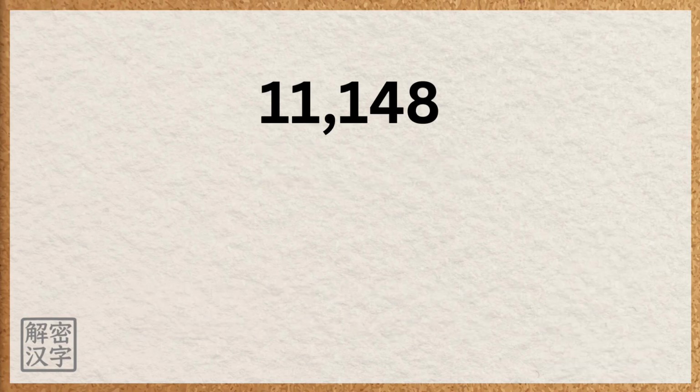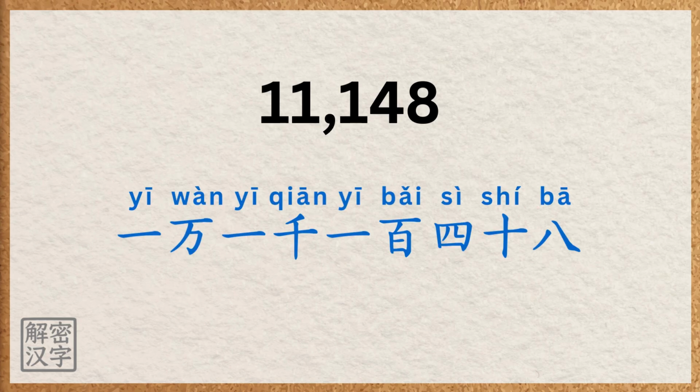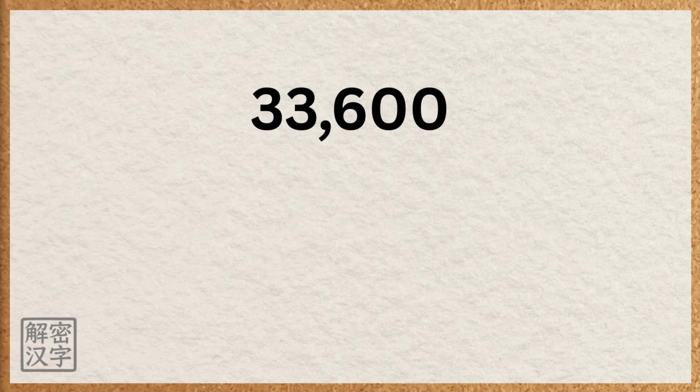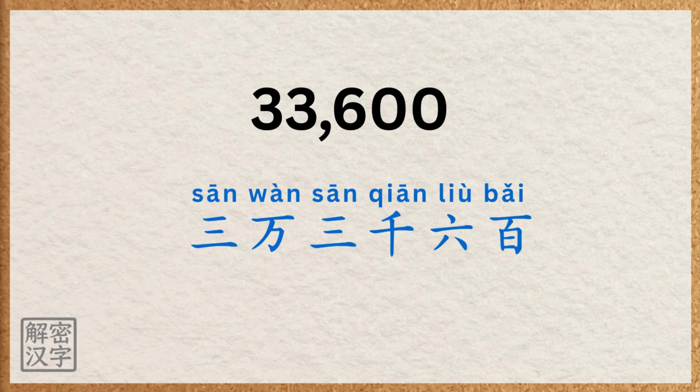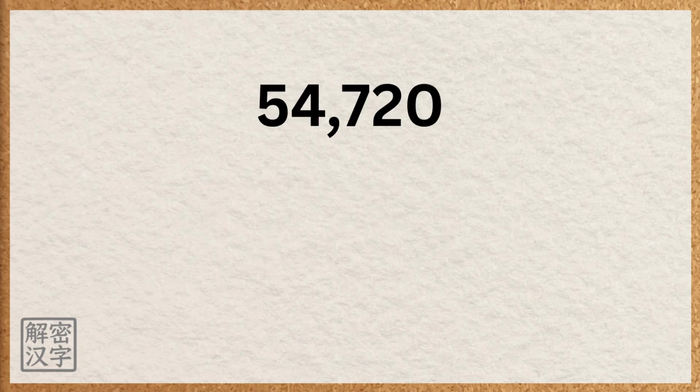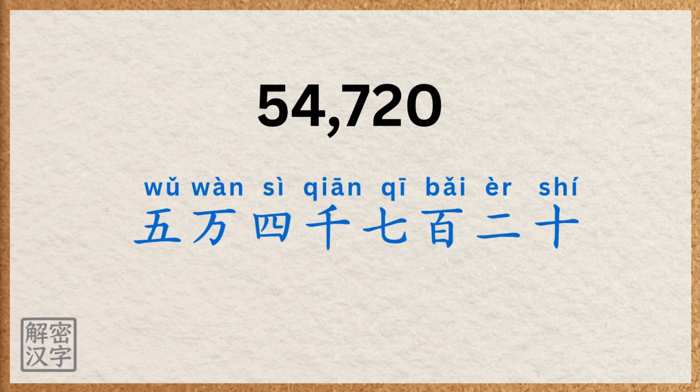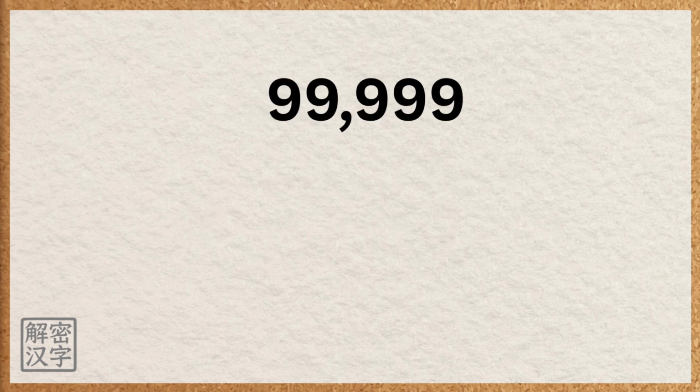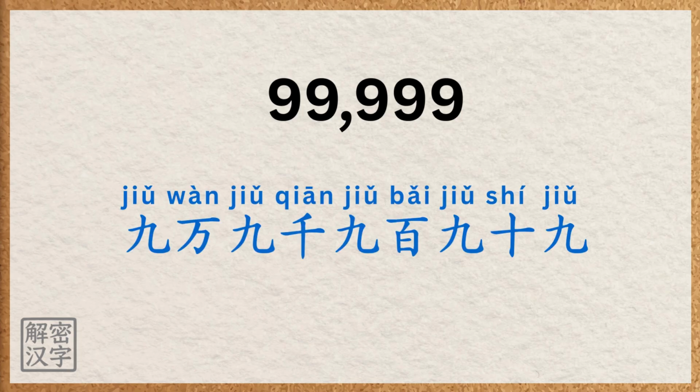So 11,148 is 11,148. Do you get it? Let's practice reading some five-digit numbers in Chinese. 33,600 is 33,600. 54,720 is 54,720. 99,999 is 99,999.